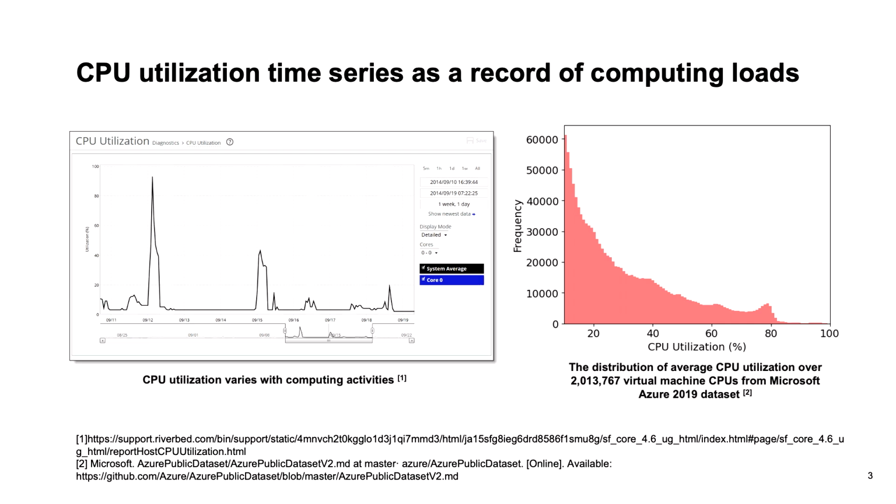There is a lot of open source data for CPU utilization. So we take one from the Microsoft 2019 dataset, which records millions of virtual machines from the CPUs. An interesting fact we can see from here is that most of the time the CPU was idle.